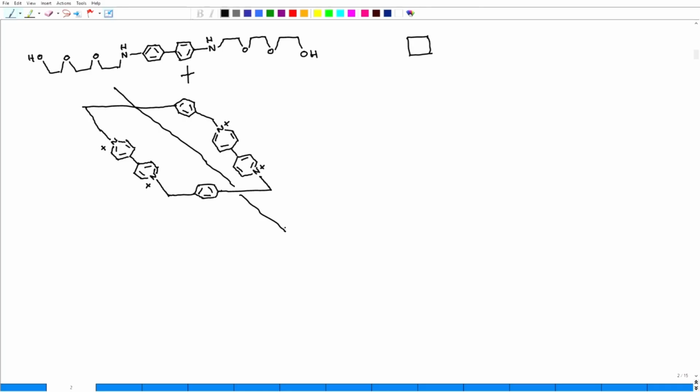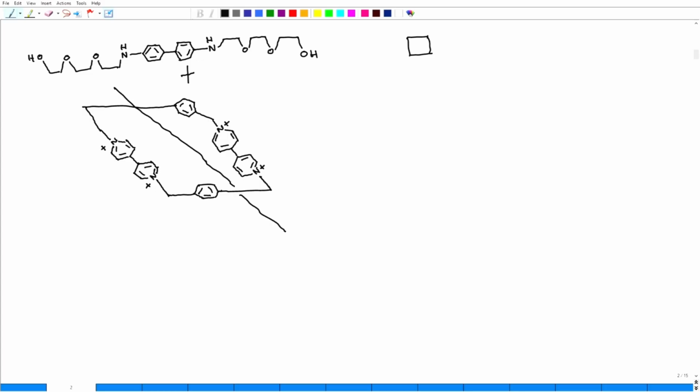Why will it go inside? Because this linear has these two aromatic moieties, and these are also 4,4'-bipyridinium moieties. This 4,4'-bipyridinium is electron deficient, and these are not electron deficient. So, electron deficient and electron rich, they will have pi stacking.